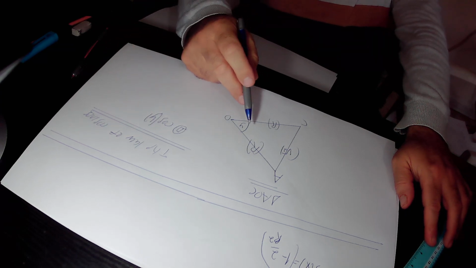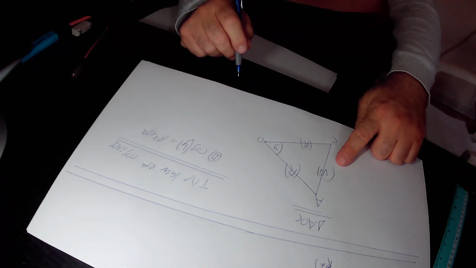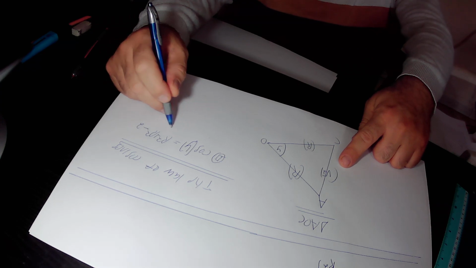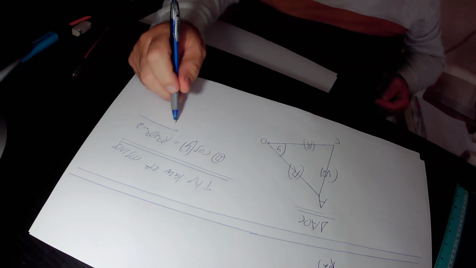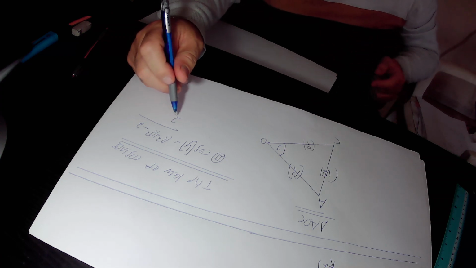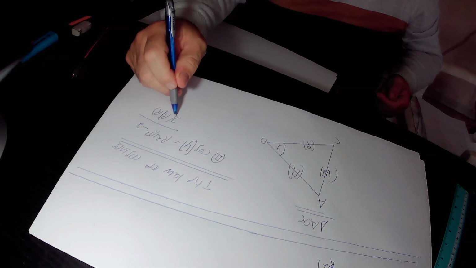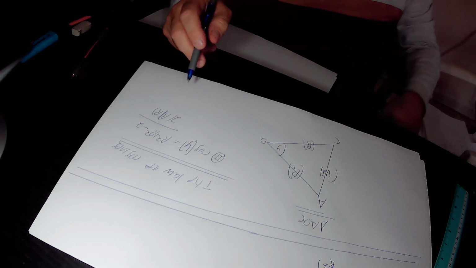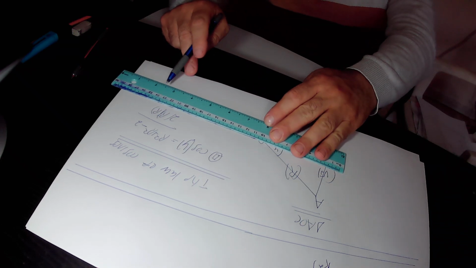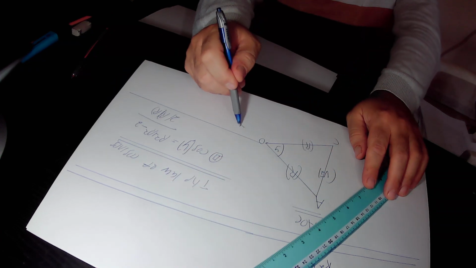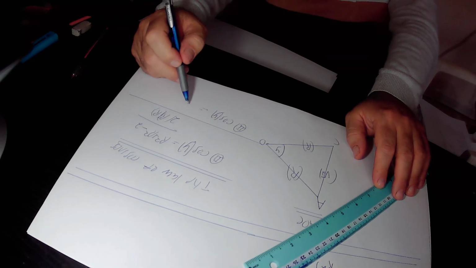equals R squared plus R squared minus square root of 2 squared, that is 2, so it is minus 2, divided by 2 times R times R. And again, according to the law of cosines, in triangle AOC, cosine Y equals R squared plus R squared minus 2 over 2 times R times R. So according to this equation 2, cosine Y equals R squared plus R squared is 2R squared.